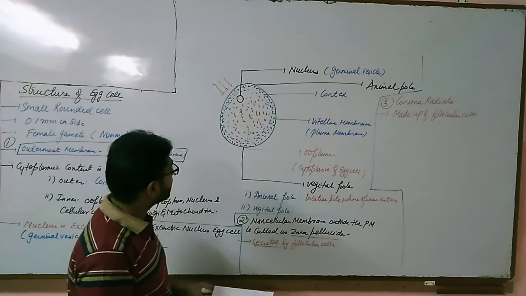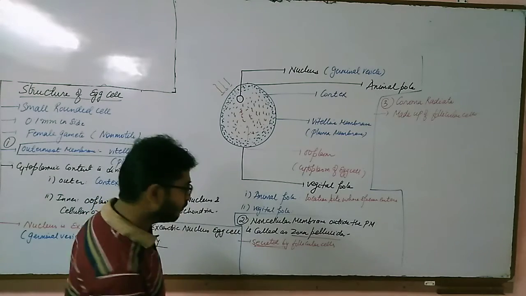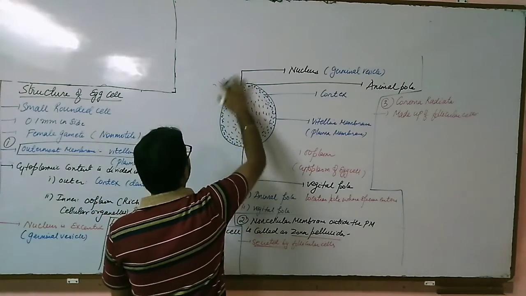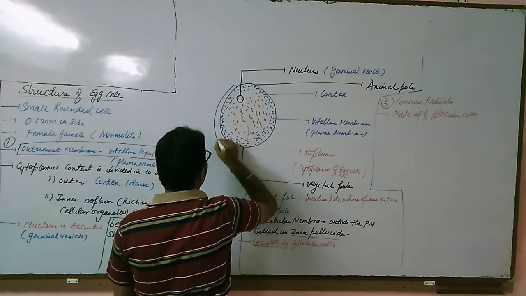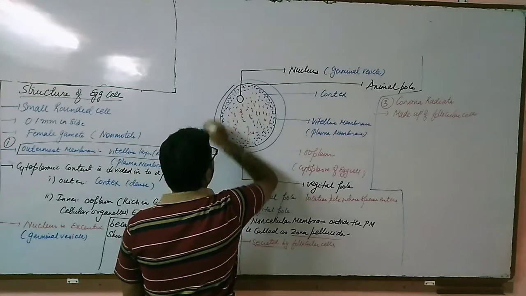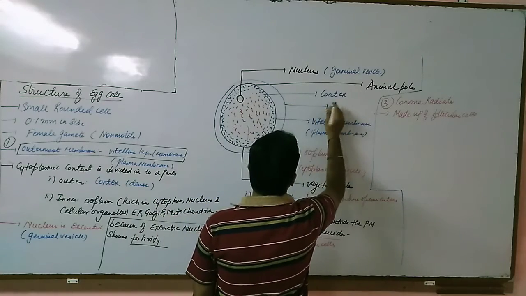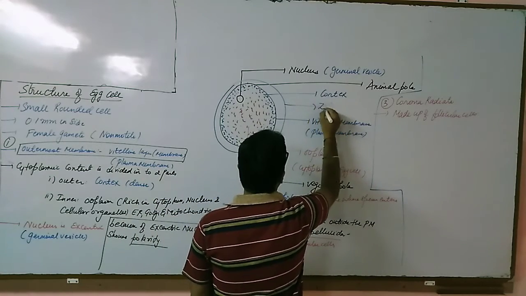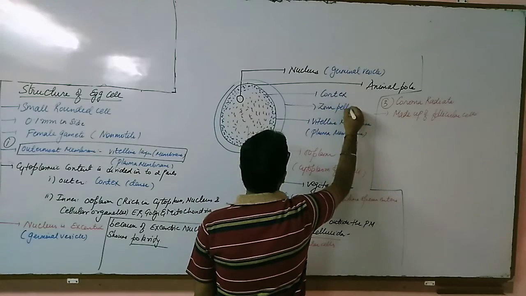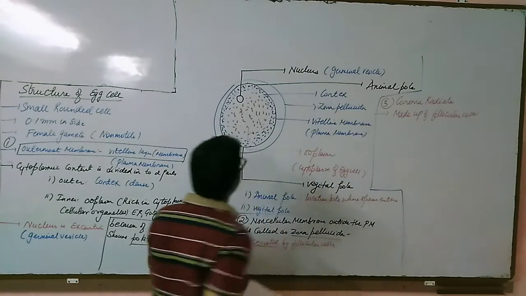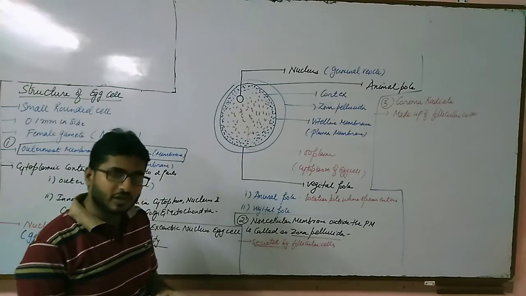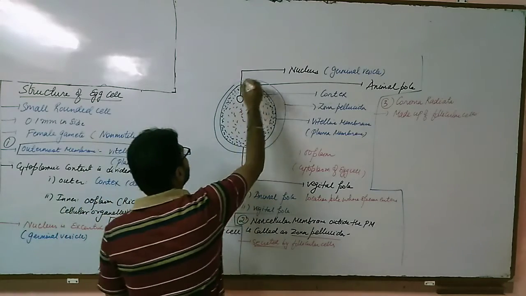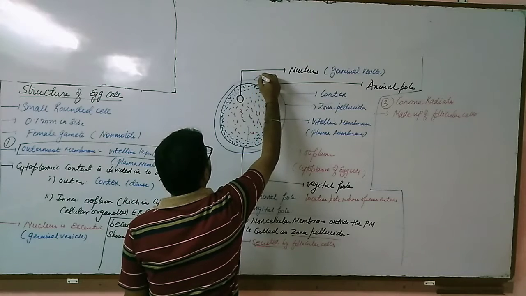So let us draw the layers. Vitelline membrane we have already drawn. Now let us use the blue for the zona pellucida. So let us say this is the second layer, that is the layer which we call the zona pellucida. Now the third layer, which is next to the zona pellucida, is called the corona radiata, and this corona radiata layer is arranged like this.